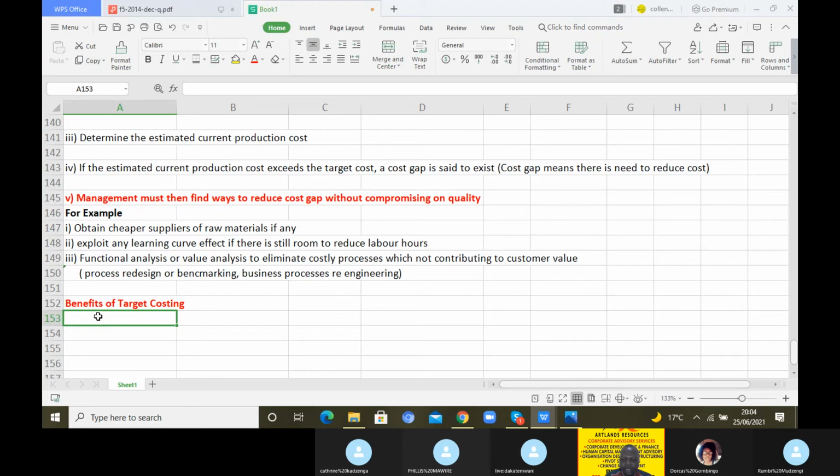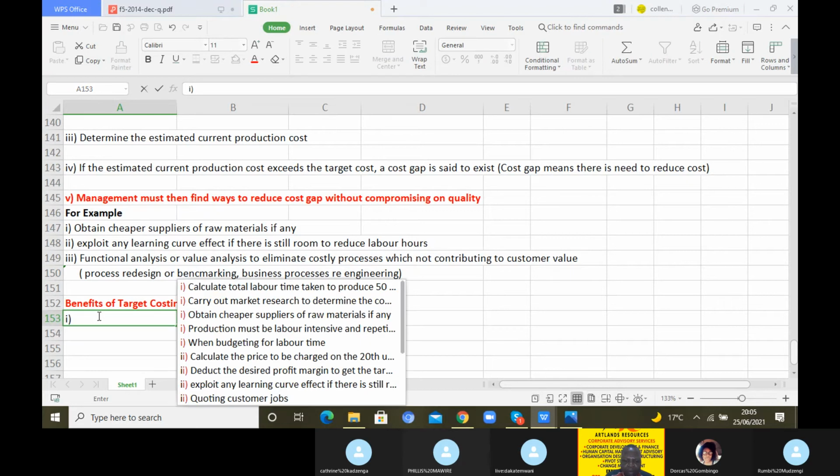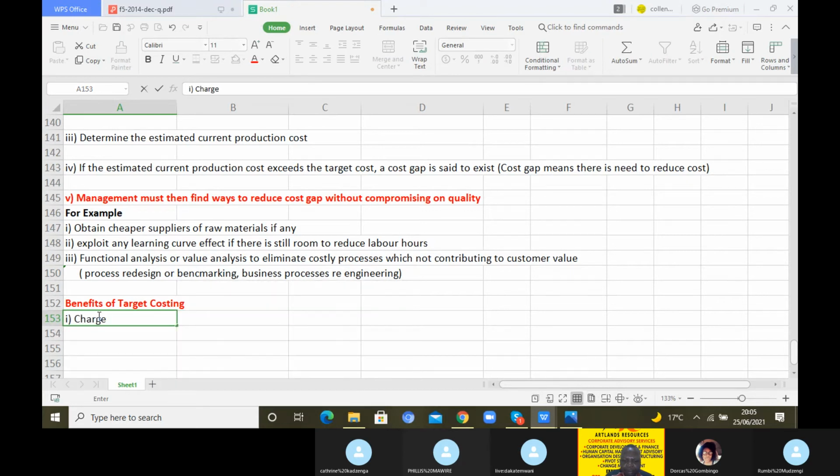So, in other words, charging a competitive selling price minimizes the risk of product failure.